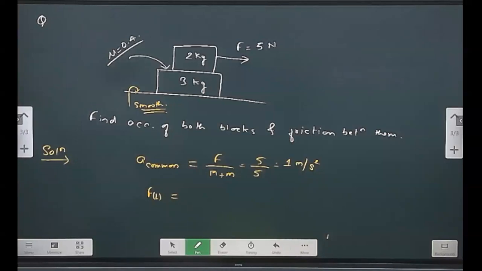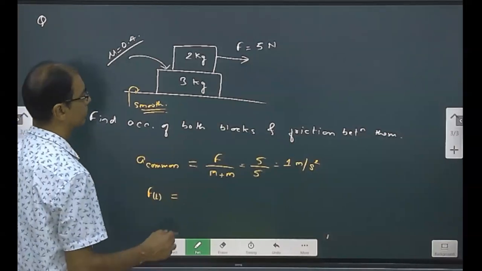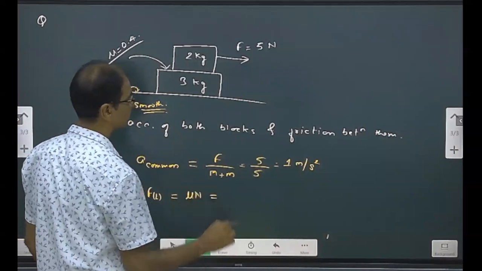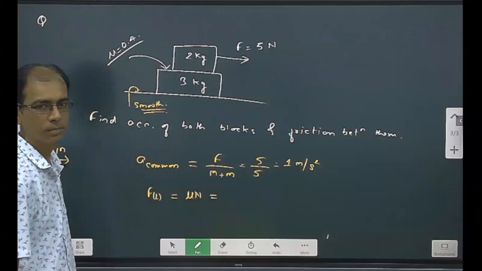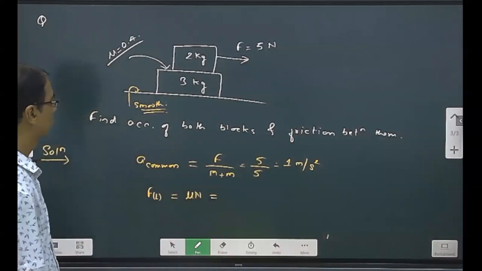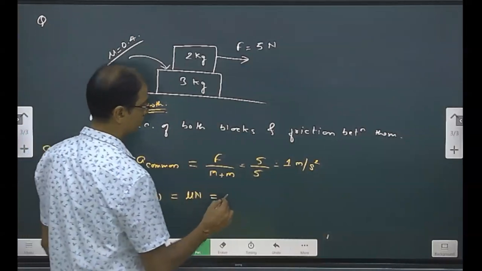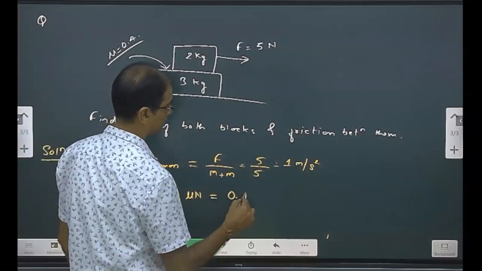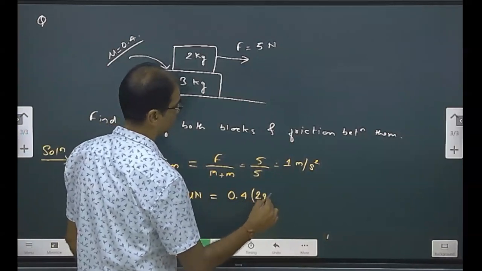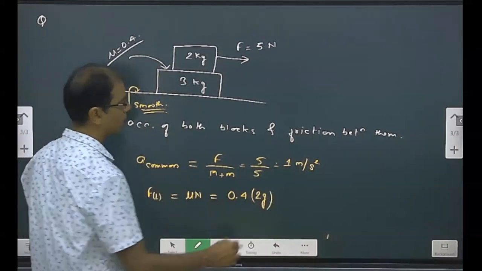I am not doing, you only are doing. Friction limiting. Eight. Yes. 0.4 into 2g. That is 8 Newton.